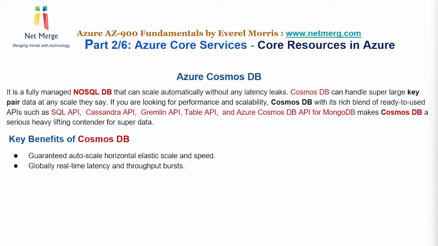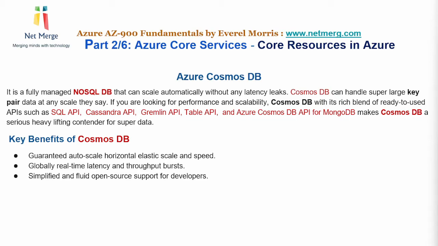There are no data leaks, no data latency leaks using the Cosmos DB globally. It's exceptionally fast, and that is one of the key and core benefits of using the Cosmos DB in a situation where you want to handle unstructured data in large volumes.